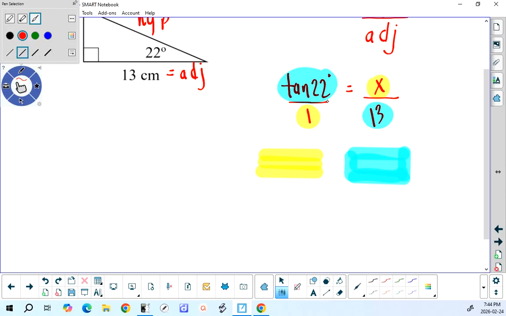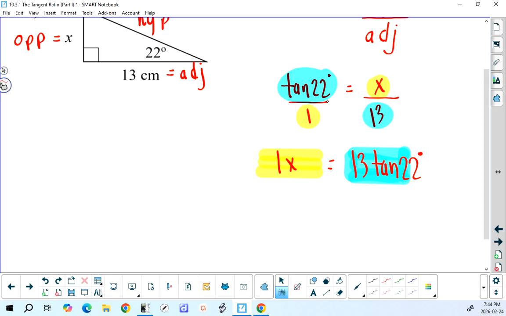So, 1 times x equals 13 times tan 22. And this is how we write 13 times tan 22. We put the number first, and then we write tan 22. Well, 1x is just x, so x is equal to whatever 13 multiplied by tan of 22 is.